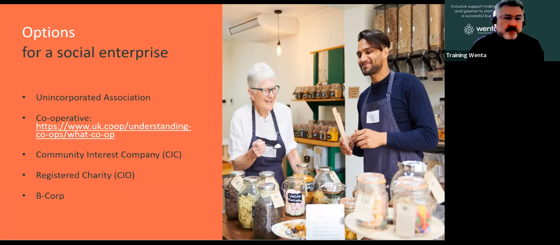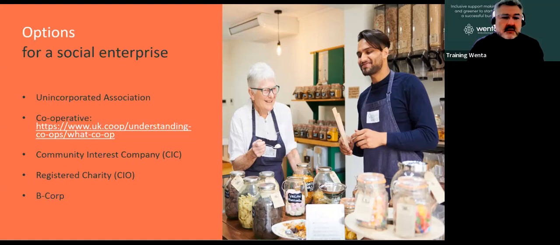Now, 5 types of structure. And the first one may be where you're already coming from. Perhaps you've got together with some people locally in your community who feel quite strongly about what you feel strongly about.